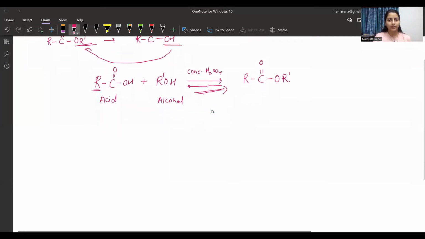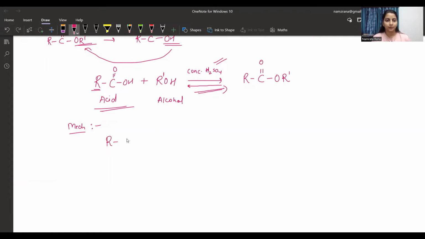Now, if I consider the mechanism for this reaction, you will see first this acidic. Now there are two acids which are used in this reaction. One is organic acid and another one is mineral acid. Organic acid is the acid in which there is a C group. So this is your carboxylic acid.